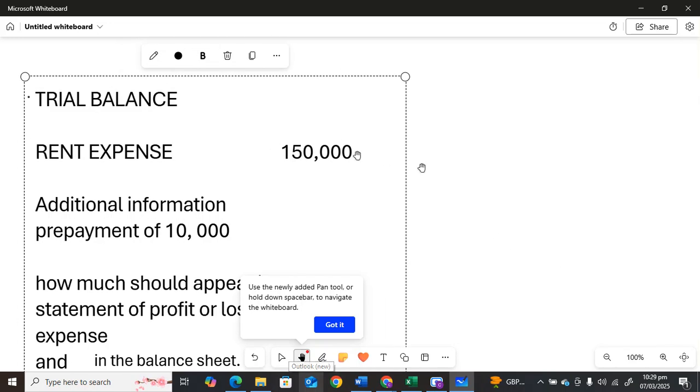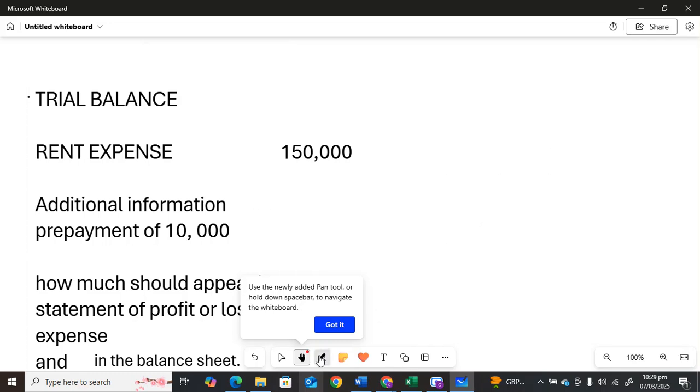Probably this 150,000 could have been paid at the beginning of the year, you pay the whole rent. You might have paid it even in the middle of the year. So here you don't need to calculate for yourself to find out how much the prepayment is. It's already been calculated for you.